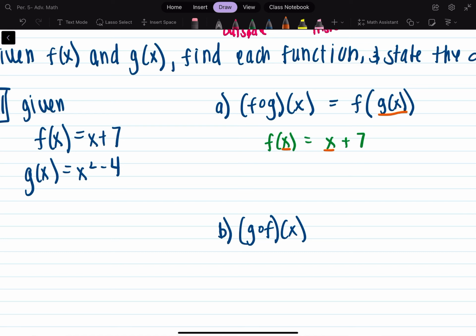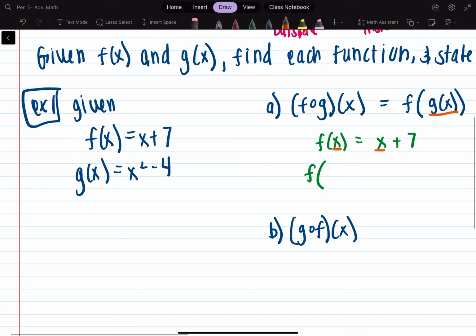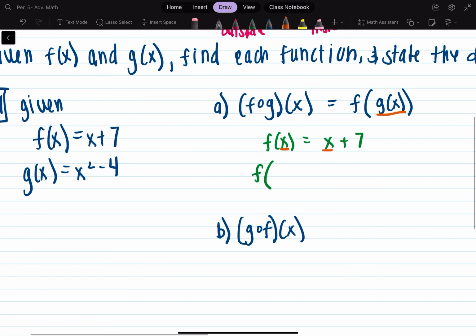So right here, wherever I see my orange underline, rather than writing the orange underline, I am going to substitute in x squared minus 4, because that's what I know g of x is equal to. So this is going to be equal to, well, I see another x. I am not going to write x.